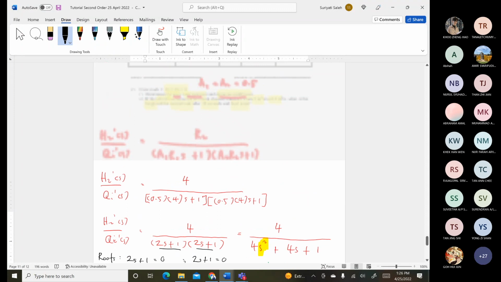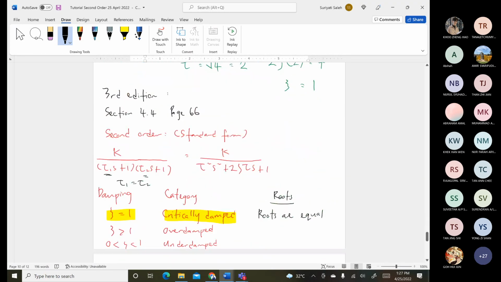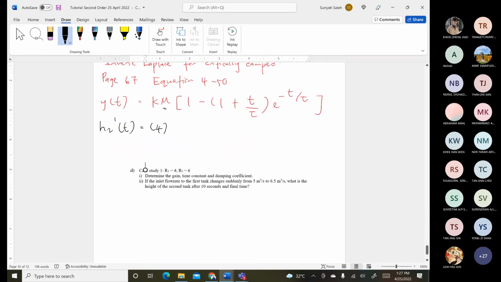When you take a look, the input for your case, the inlet flow rate for the first tank, changes suddenly from 5 to 6.5. So the magnitude here, M equals 6.5 minus 5, the inlet flow rate change.